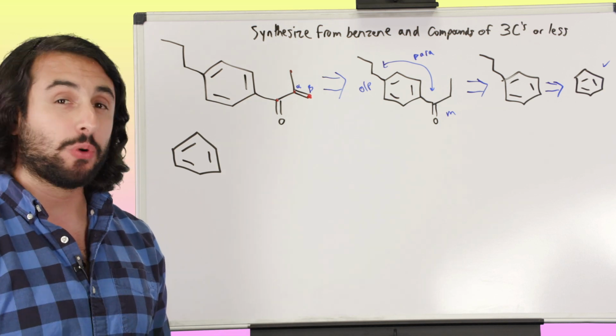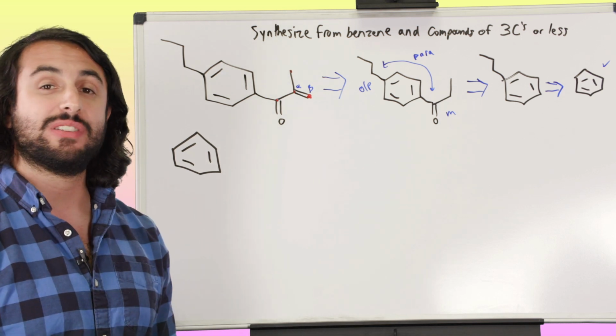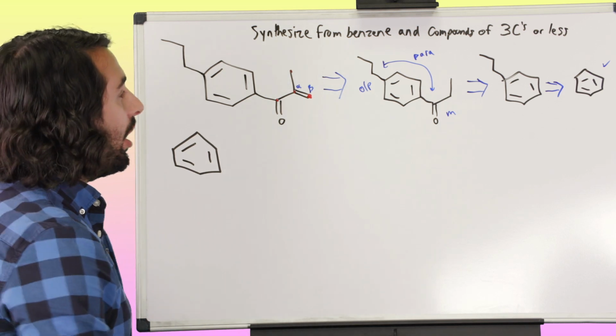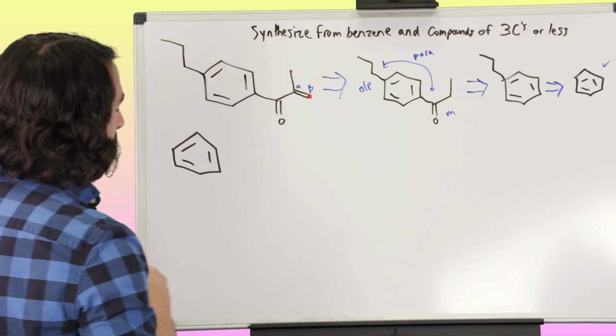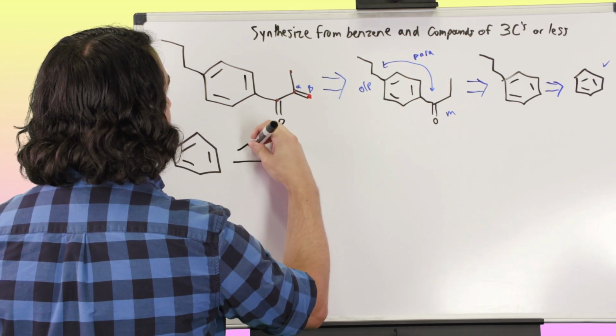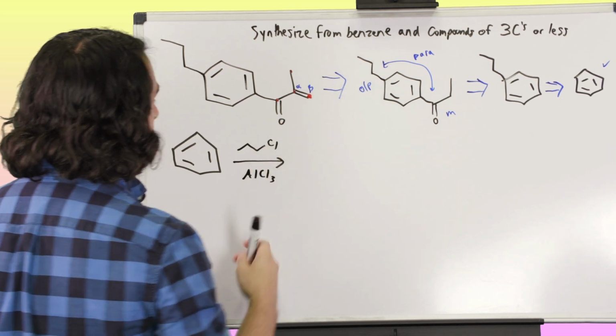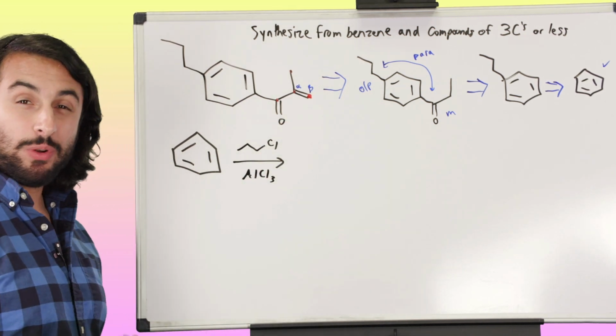But there is one problem here, and if we saw in another tutorial when we talked about Clemmensen reduction, the problem is this. If we try to do this, let's say we tried to do this, right? If we wanted to do that, what would be the problem?